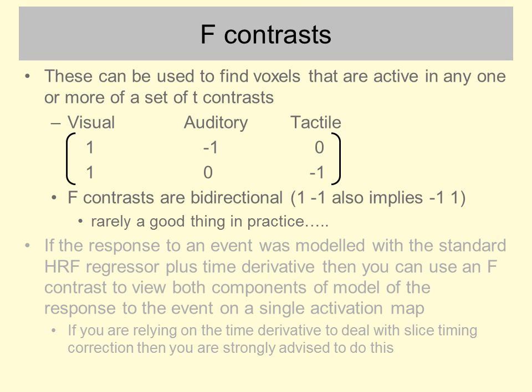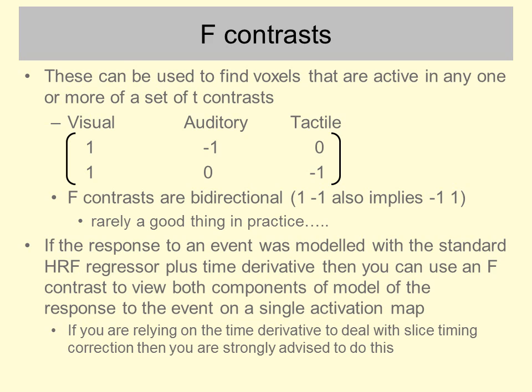Now, one situation where you really must consider doing F-contrasts is if you've included temporal derivatives of the standard explanatory variables in the design matrix, and you believe those temporal derivatives are really going to do something important.